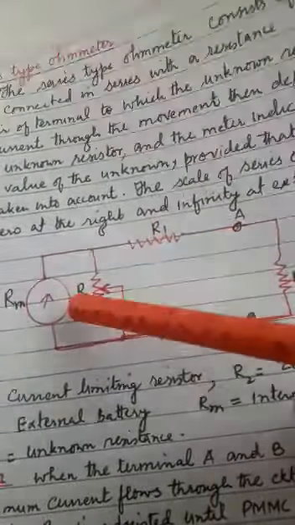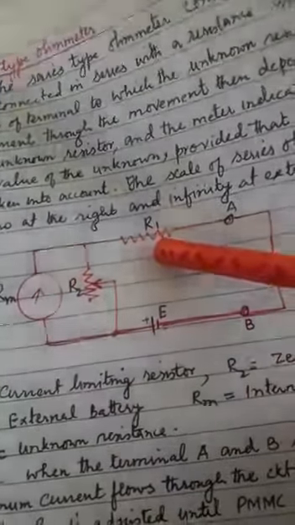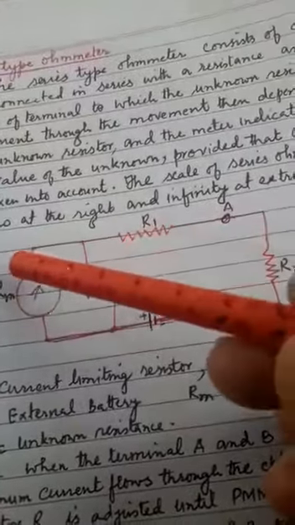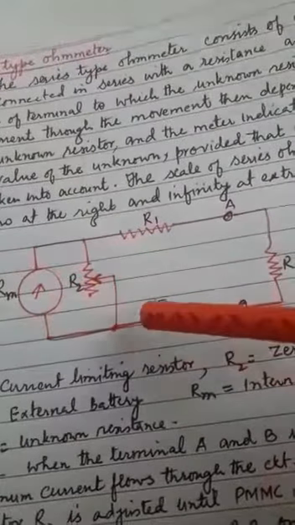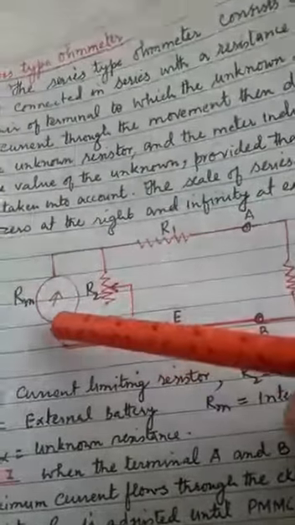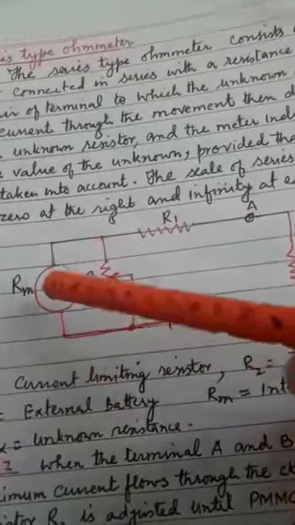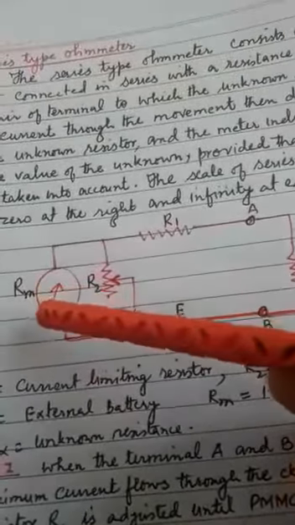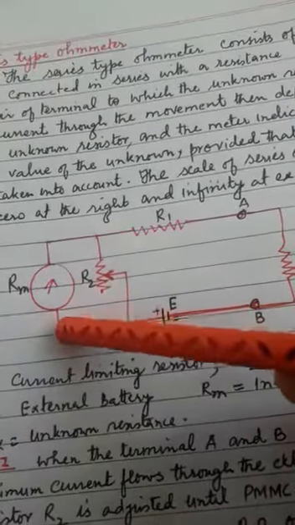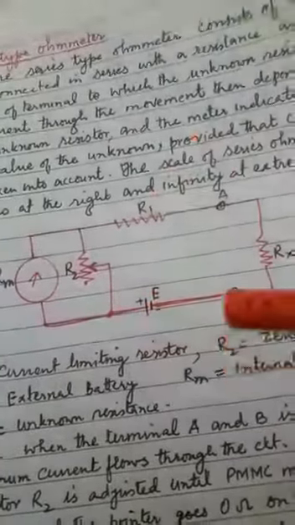In series with R1 is connected a battery, which is also in series with Rm, the internal resistor of the D'Arsonval meter.